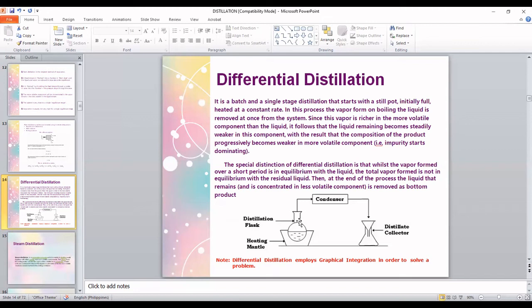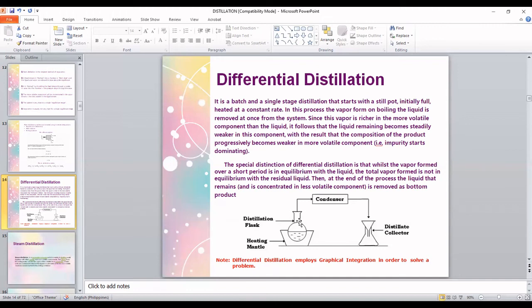That is, the impurities start to dominate in your product because it becomes leaner and leaner in the volatile component. The special distinction of differential distillation is that the vapor formed over a short period is in equilibrium with the liquid.